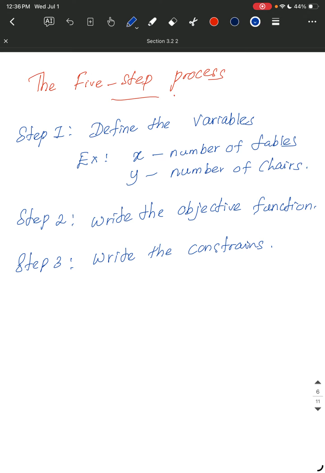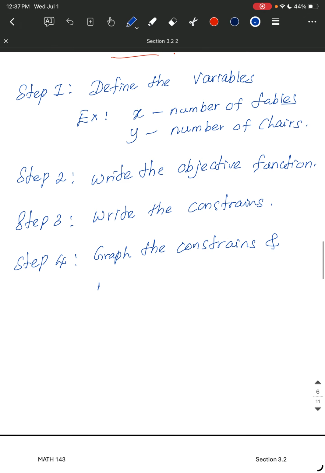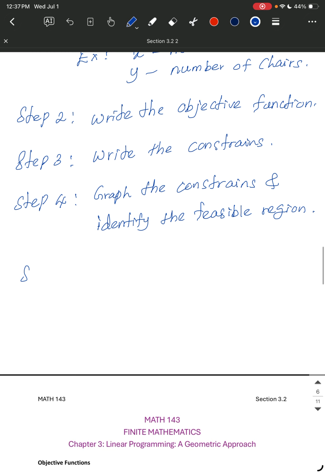Step 4, graph the constraints and identify the feasible region. Step 5, evaluate the objective function at every corner point of the feasible region.